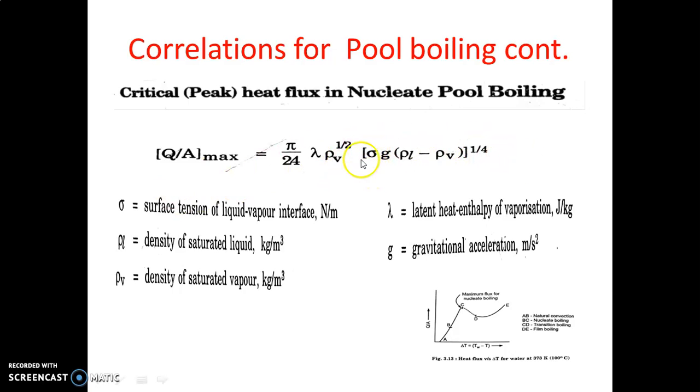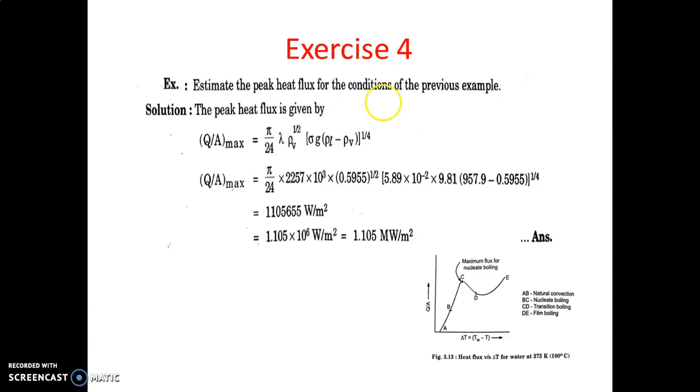If we put the values of these parameters in this equation and calculate Q by A maximum, that is called the critical heat flux. So we will discuss one problem. The problem is: estimate the peak heat flux for the conditions of the previous example.